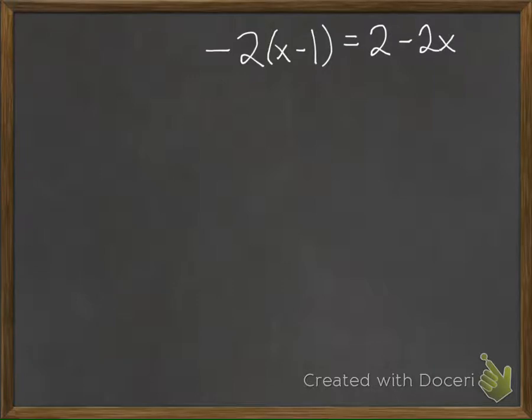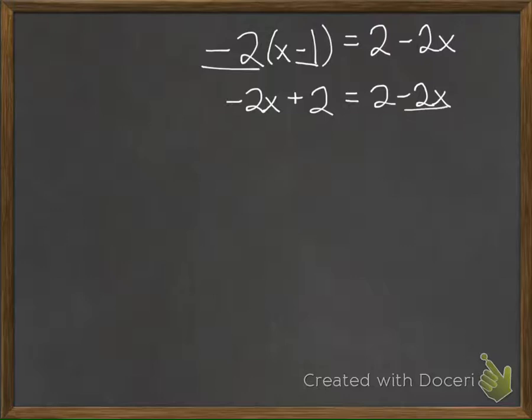Once I use my distributive property, on the left-hand side, I get negative 2x plus 2, because we have a negative 2 times a negative 1, so positive or plus 2, and then that equals 2 minus 2x.